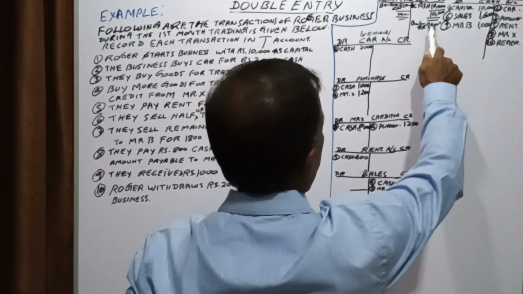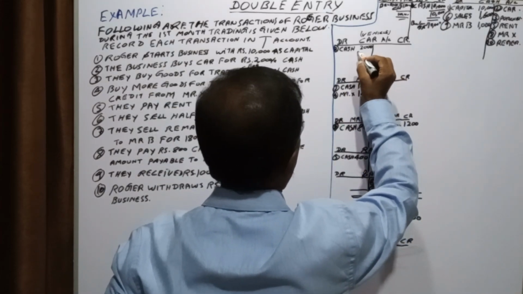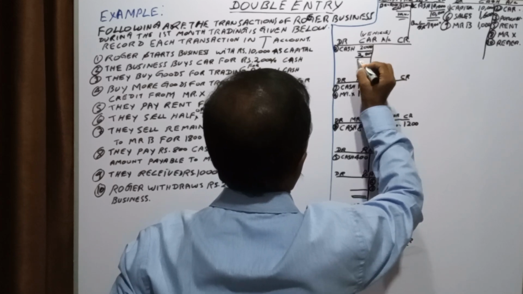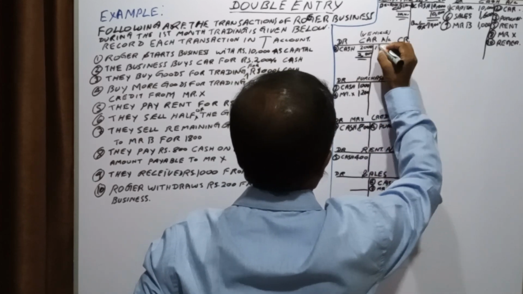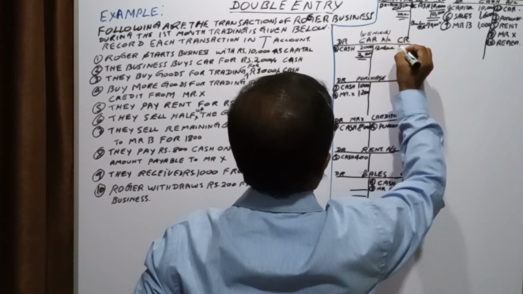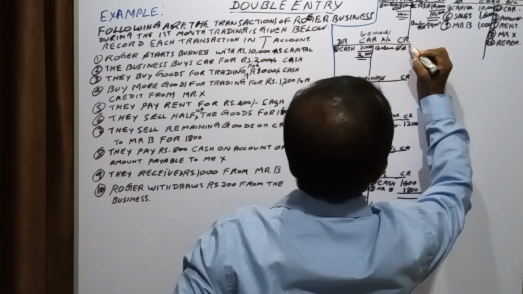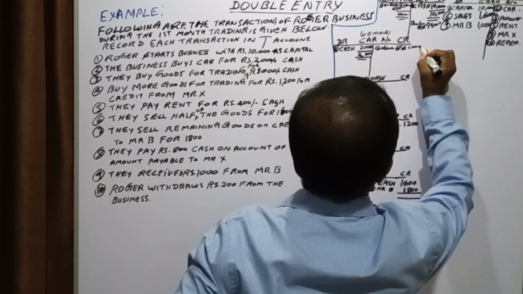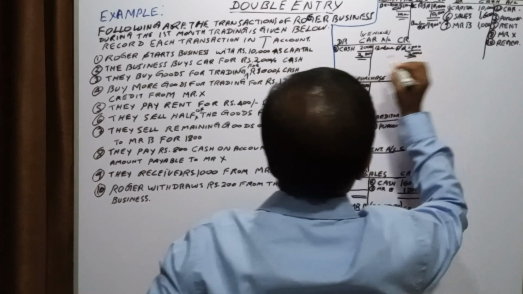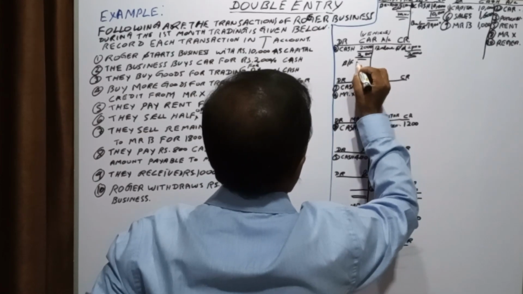For the car account also we will say 2,000, balance carried down 2,000, and here balance brought forward 2,000.